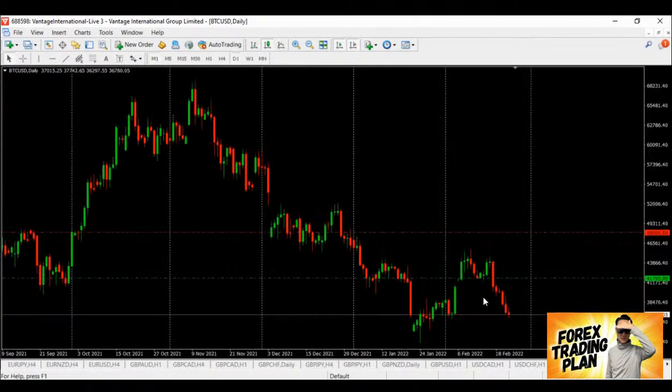Let me go into the Bitcoin. Well, it's falling back to about 36K. So it looks like it's going for another bear. Very likely the support is there already. Am I right?